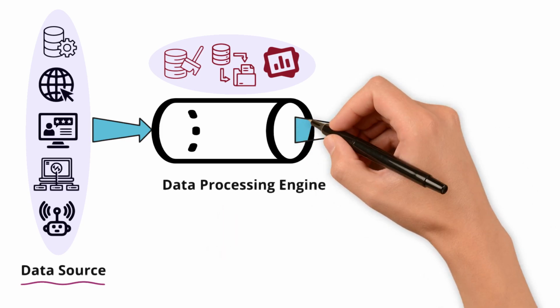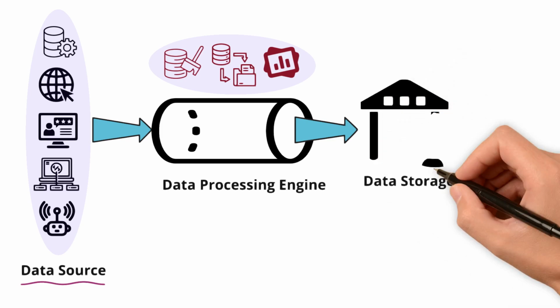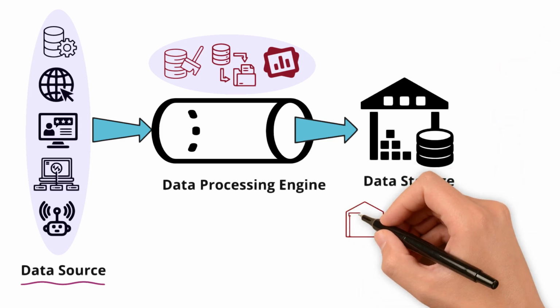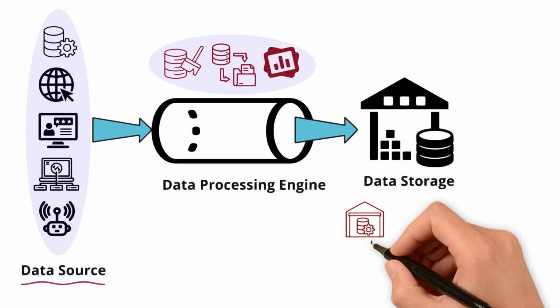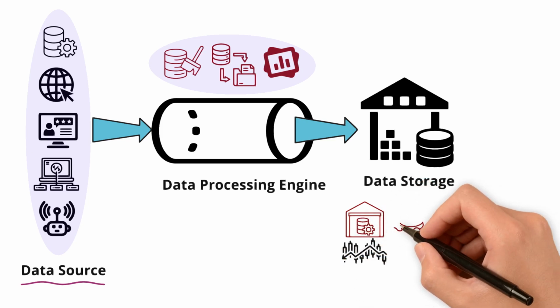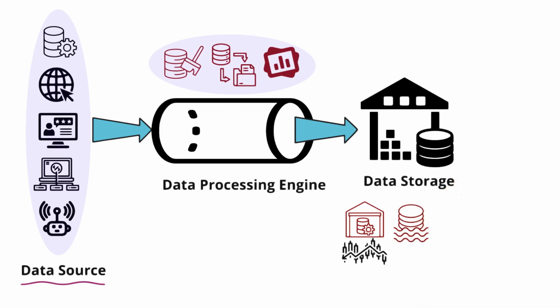Next component, data storage. Finally, the prepared data arrives at its destination. Processed data is stored in various locations like reservoirs and water towers. These could be a data warehouse, a central repository for historical data analysis, or a data lake, a more flexible storage option supporting various data formats.